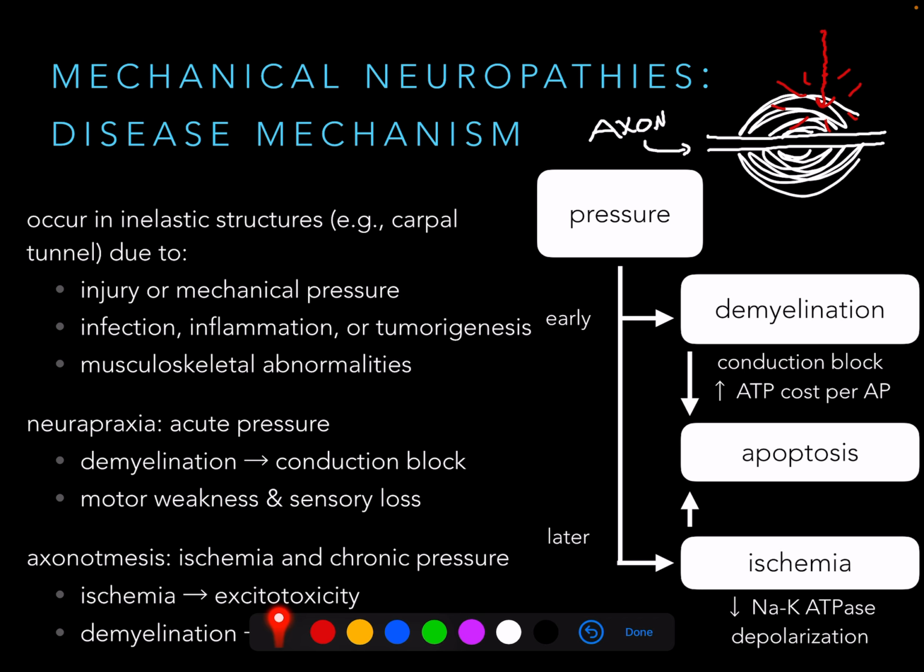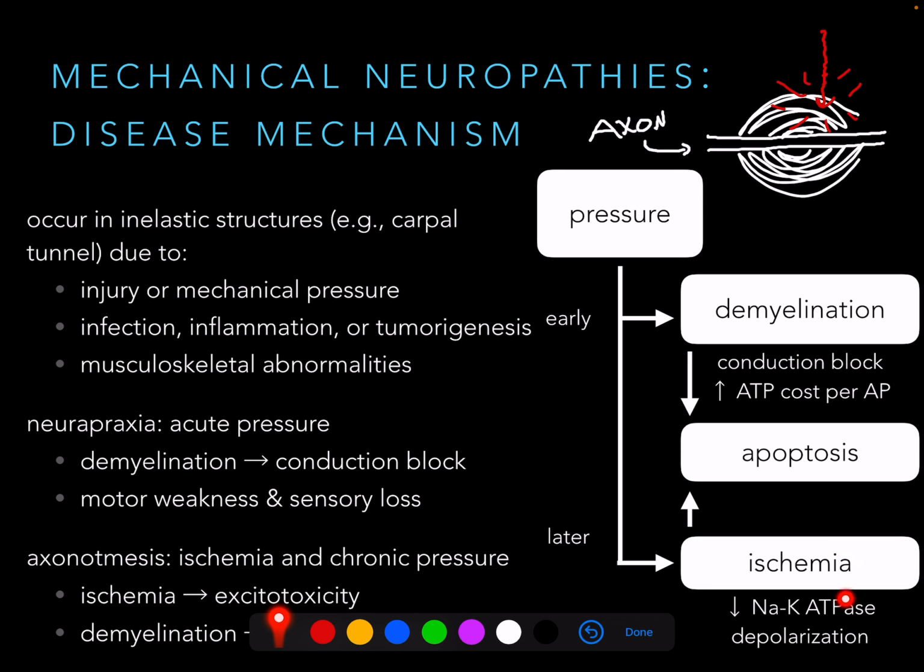That pressure can eventually cause axonotmesis. That is the loss of the axon. More specifically, loss of the neuron. The way that it can do that is, of course, with the oxidative stress leading to apoptosis.